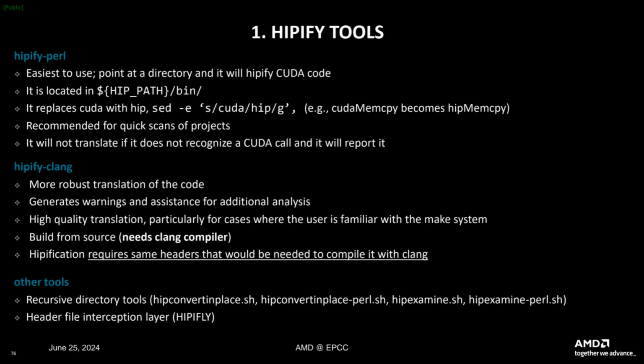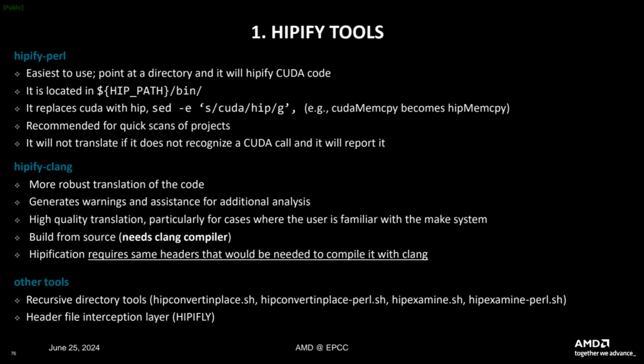If you clone our repo, you will find a version of that code that uses CUDA calls that you can modify to become HIP calls with several different tools. For instance, we have HIPify Perl. That's the easiest one for a quick scan of projects; it basically performs a string replacement for which CUDA becomes HIP.